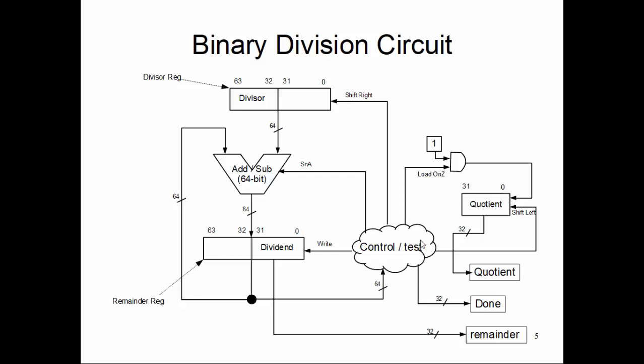So how does it do that? Let's say this is one simple AND circuit where we select either 1 or 0. If load on 0 is 0, the output is 0, right? So we are inserting a 0 bit into the quotient. Then if load on 0 is 1, then the AND output is 1. So we'll be inserting a 1 into the quotient register.